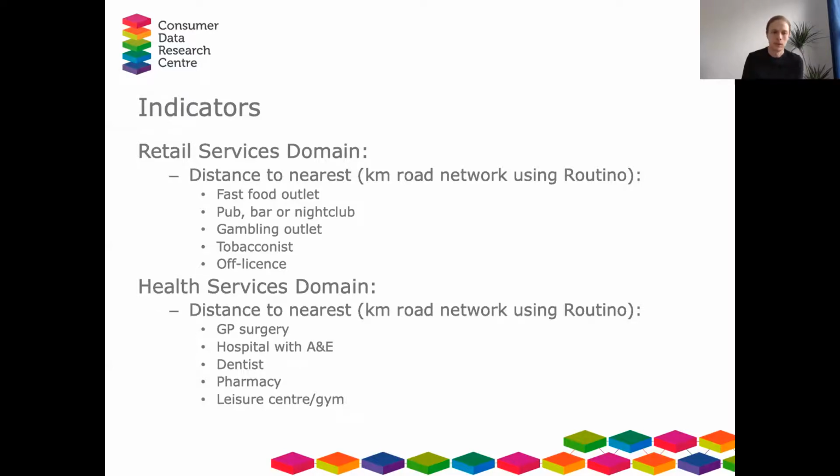We then looked at a series of health services, including GP surgeries, hospitals with A&E services, dentists, and pharmacies. We stuck leisure centres and gyms with those in this grouping of domains simply because it was more of a positive part of the environment. They didn't seem to fit in retail services, which are all more negative aspects of health.